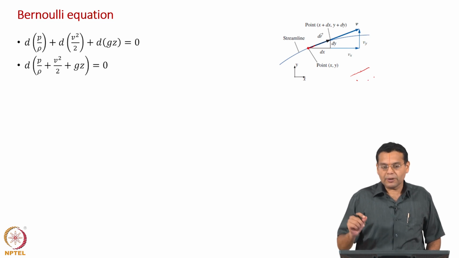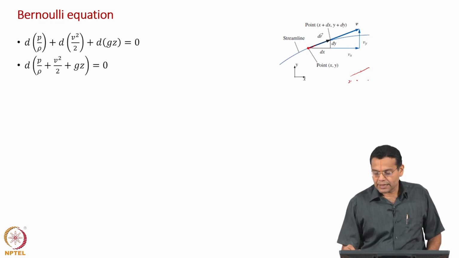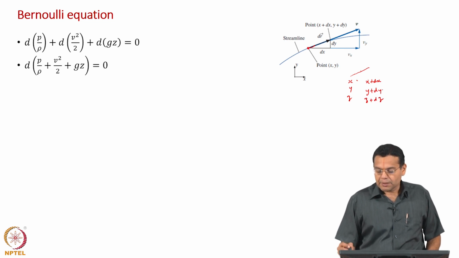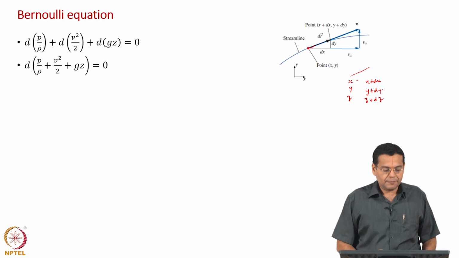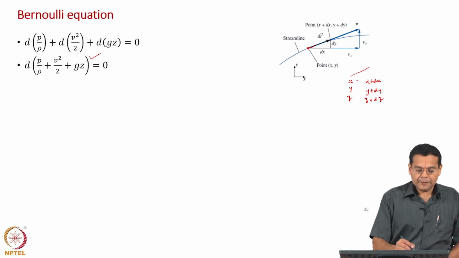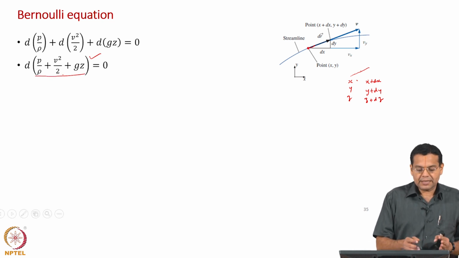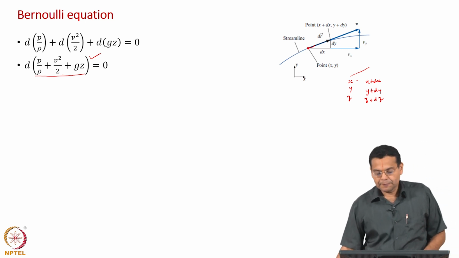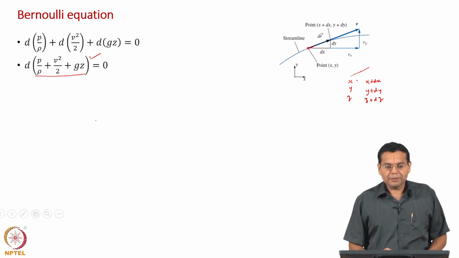We are taking 2 points, let us say one coordinate is x, y, z, other is x plus dx, y plus dy, z plus dz, but these are not any 2 points which are adjacent to each other, those 2 points are on the streamline itself. And they are differentially separated. This tells you that the difference of this quantity, sum of these 3 terms, is equal to 0 between those 2 points.